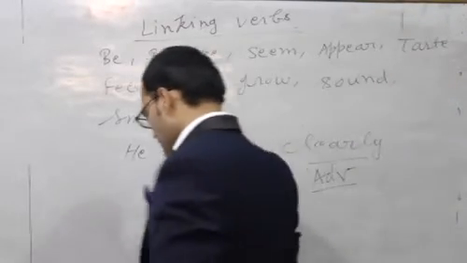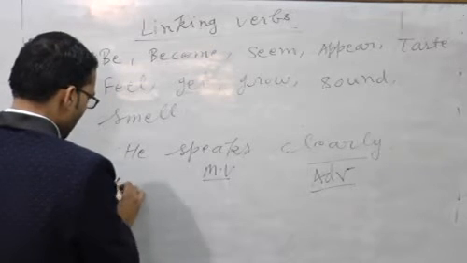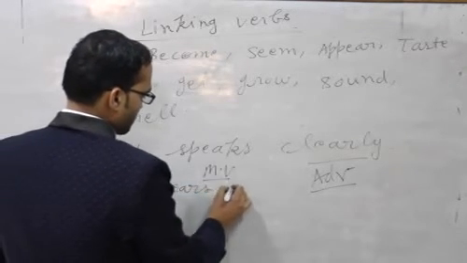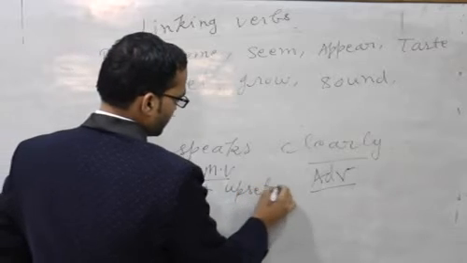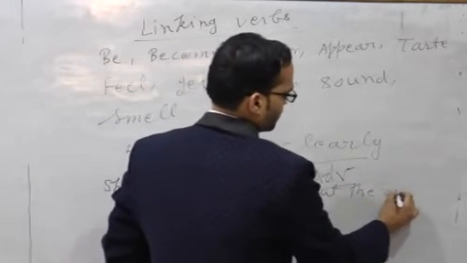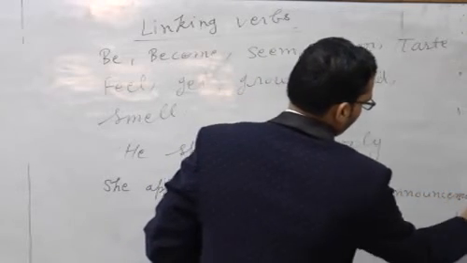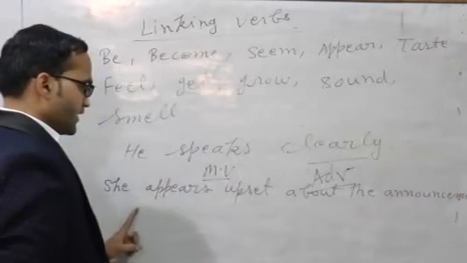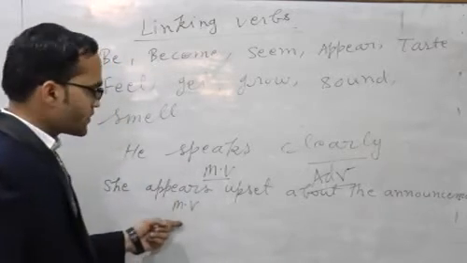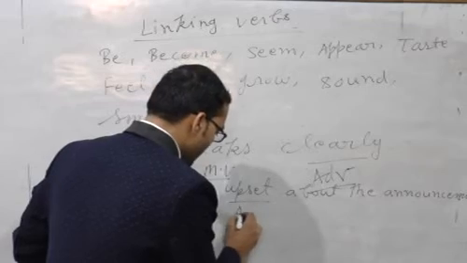For example, she appears upset about the announcement. Clear? So here the main verb is also a linking verb, but here इसके बाद I have used upset, that is an adjective.